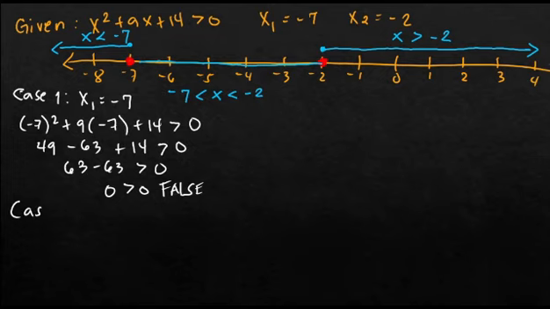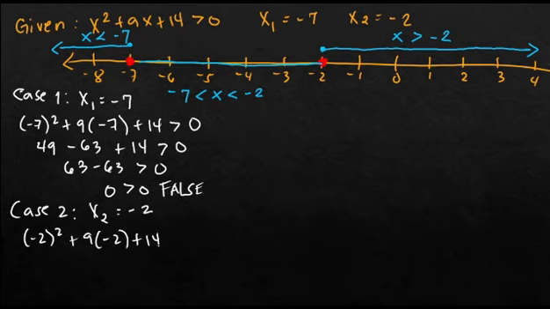Next, proceed with case 2. Going to use x sub 2, which is equal to negative 2. So by substitution, we have negative 2 squared plus 9 times negative 2 plus 14 greater than 0.